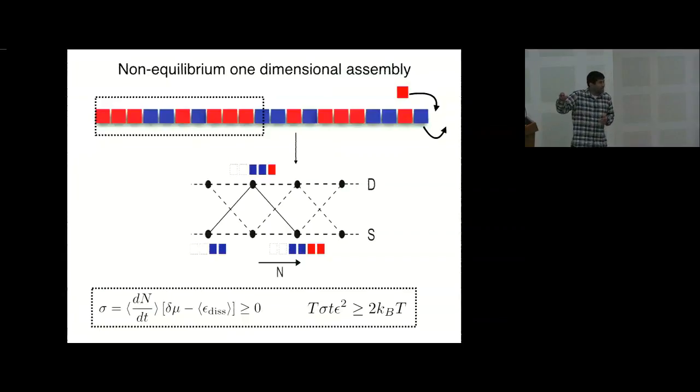The essential element here is you look at the edge, and if the edge has a defect state, you call it a D. If the edge has a state that has a bond between like pairs, you call it an S. And in some sense, the dynamics of the system are the dynamics of a random walker in which you hop between D and S with some specific rates. So the mapping is somewhat involved, but you can do it.